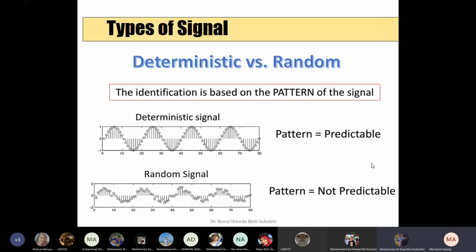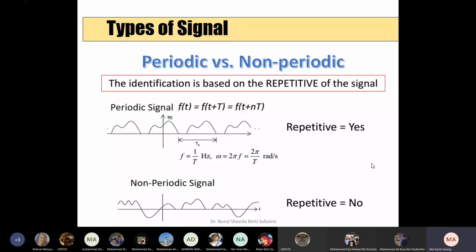Another type of signal is periodic versus non-periodic. For periodic signal, it has a repetition. It's repetitive. So therefore, it has a period and a frequency of repetition. So periodic signal is, for example, f of t equal to f of t plus capital T, the period.